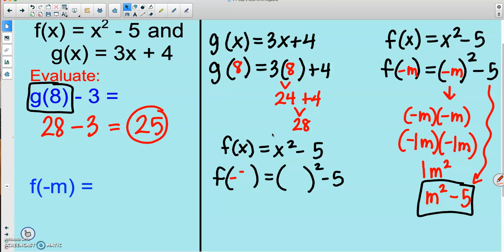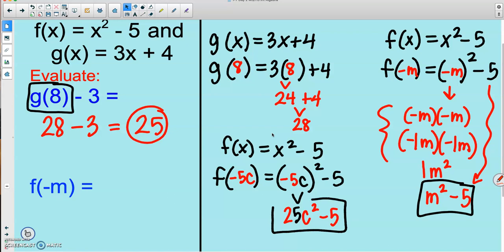Okay, so negative 5c for each of my x's. So thinking about the process I used over here, if you multiply negative 5c times another negative 5c, you will actually get positive 25c squared, and then the minus 5. So here is final answer.